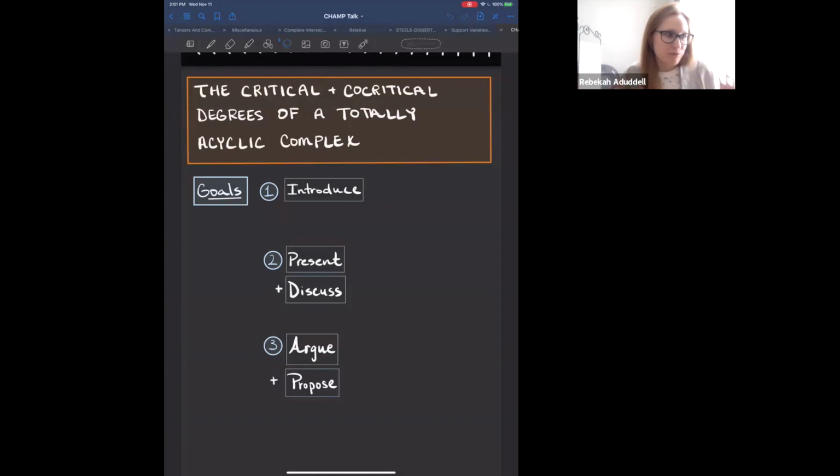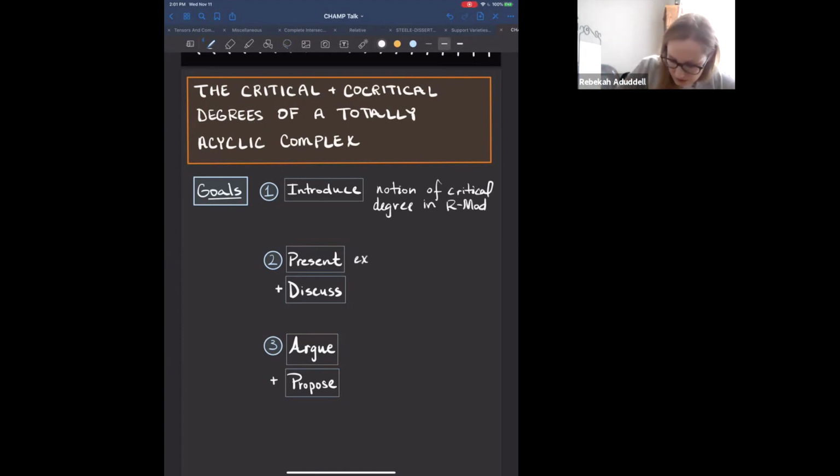So I have three goals with this talk. The first is to introduce the notion of critical degree in the original setting where it was defined, which is the Auslander-Reiten category. Then I would like to present my extension of this notion to the category of totally acyclic complexes, which we denote as KTAC.